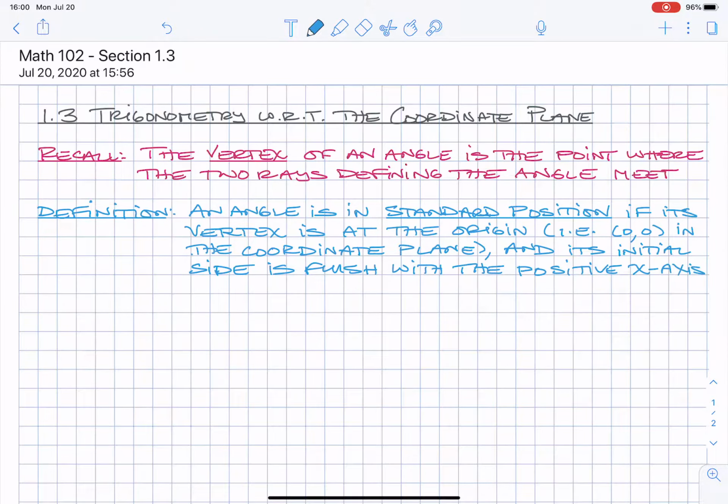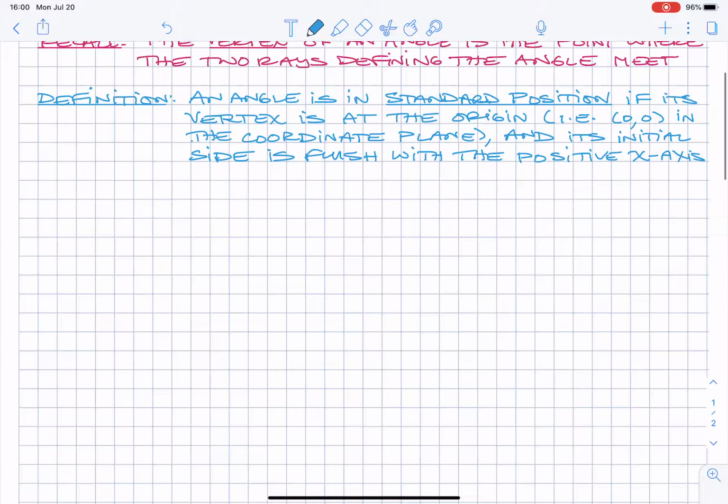Okay, so what do I mean by that? For example, let's say we have the x and y coordinate axes. I'll just draw it like so for the time being. Usually I would draw it for all four quadrants, but let's just do it like this.